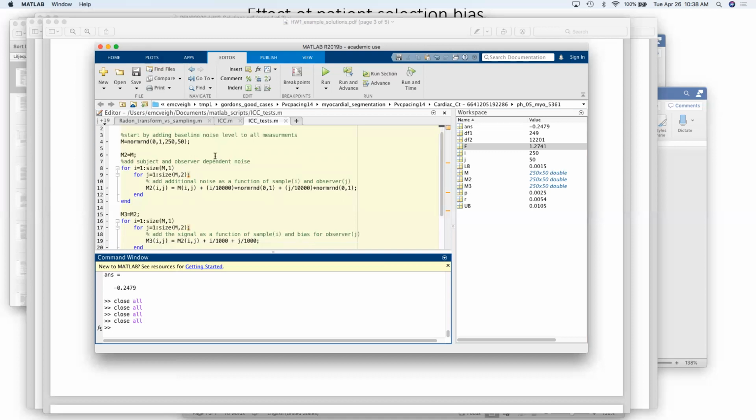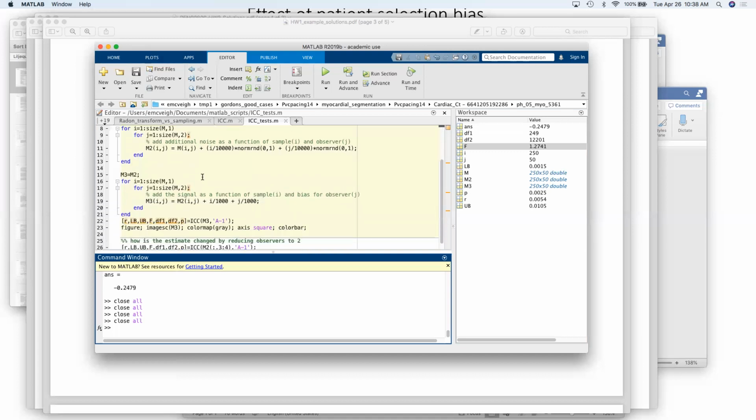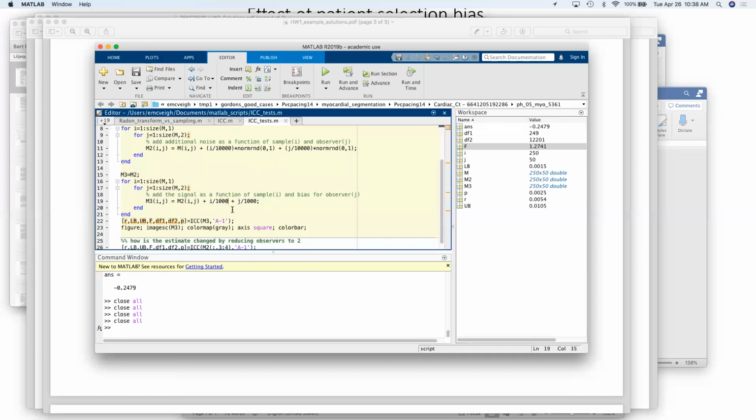So if I look at my rows, and so in this little for loop, sorry, I write Fortran, that's what it is. We're going to add signal as a function of the sample, right? So let's say we'll go between 50 there.